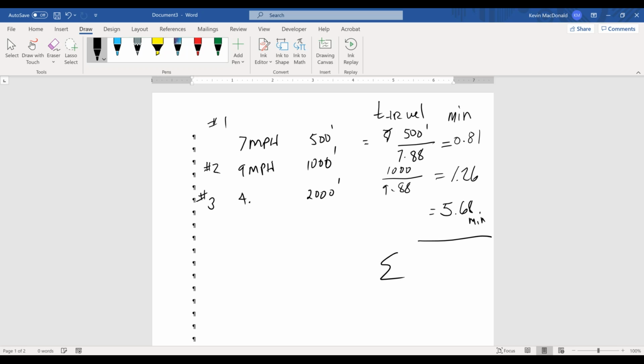If we sum them up, this is our travel time loaded, which is 5.68 plus 1.26 plus 0.81, and that is equal to 7.75 minutes.